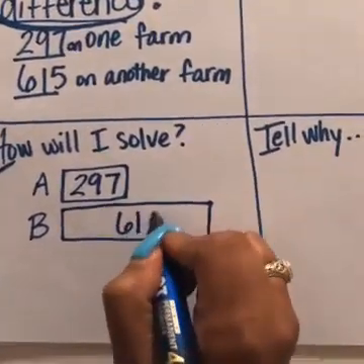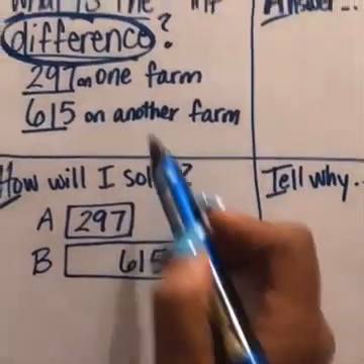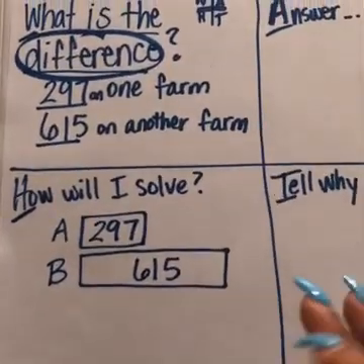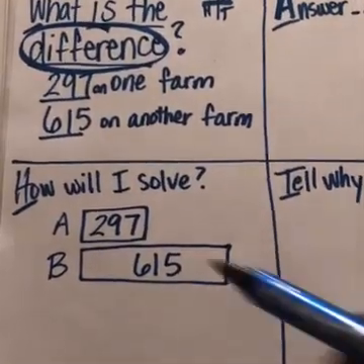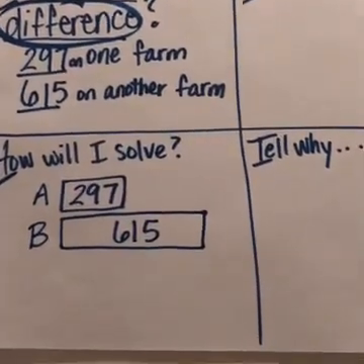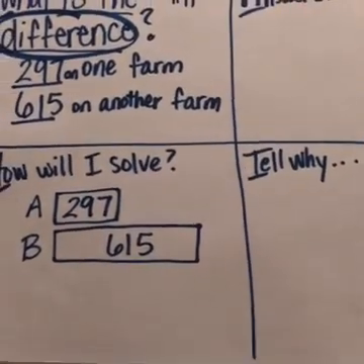It's 615, right? And I want to know the difference, okay? Difference just means I want to know how much more is on the second farm than the first farm. I want to know how they're different. What's the number in between, basically? Like, how much more are they different, okay?